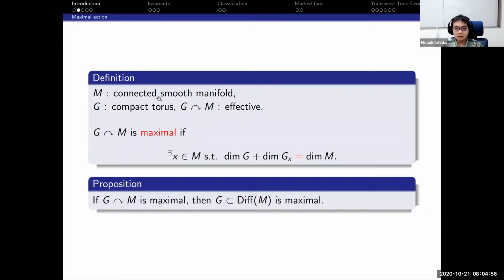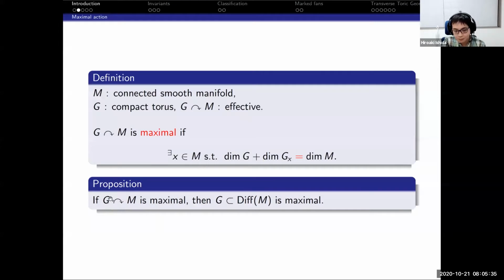This is the definition of maximal torus action. Let M be a connected smooth manifold and G be a compact torus acting on M effectively. The action of G on M is maximal if there exists a point in M such that the equality holds. The reason why I call this action maximal is the following.